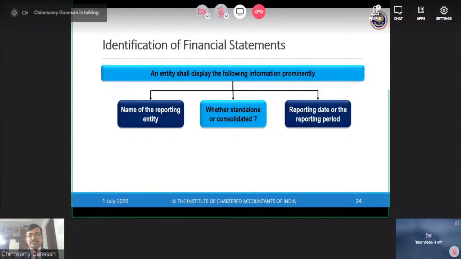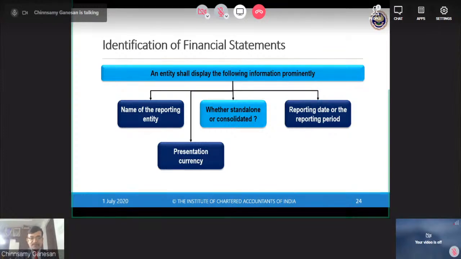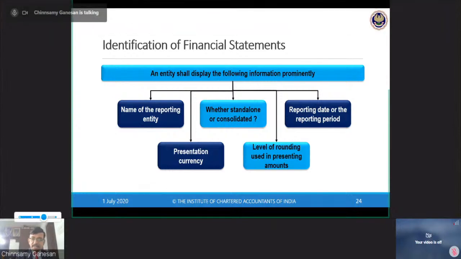This is the way in which you are supposed to identify the financial statement. Interestingly, you should also say what currency you are using, whether INR is the presentation currency or US dollar is the presentation currency. You should explain that particular aspect too.